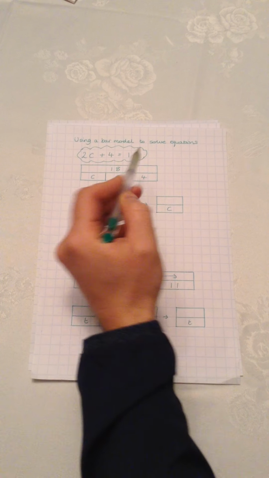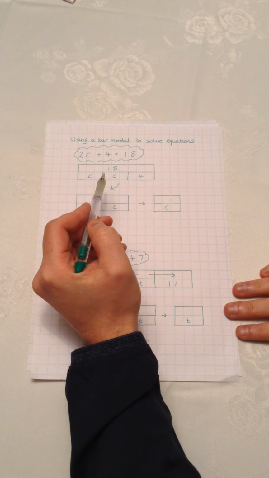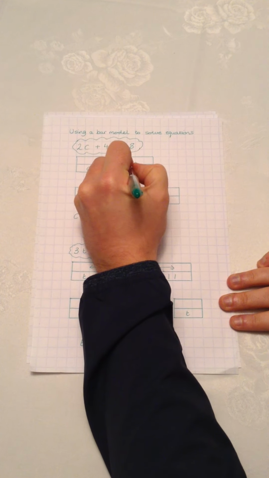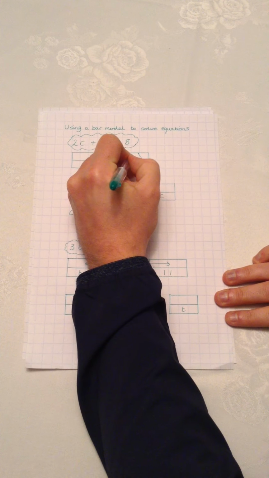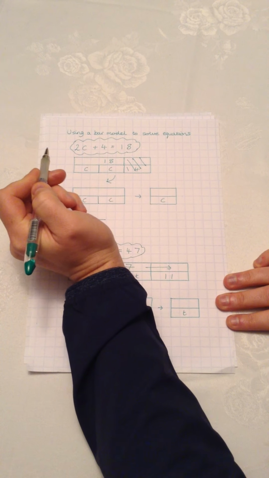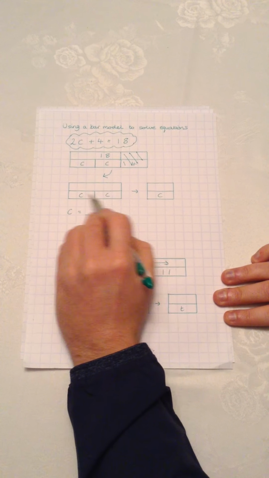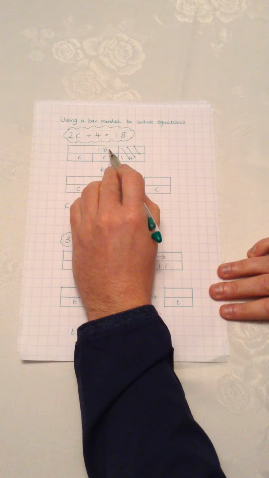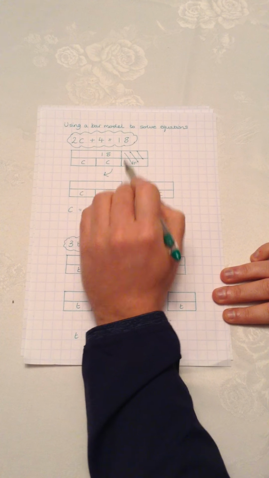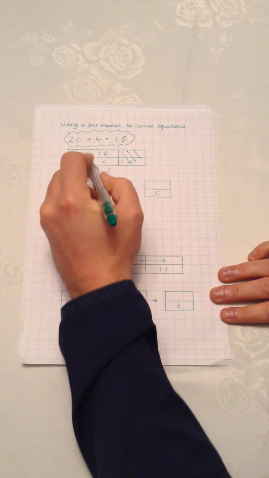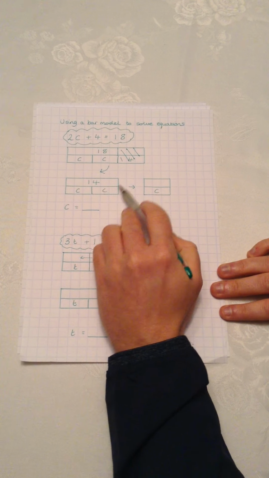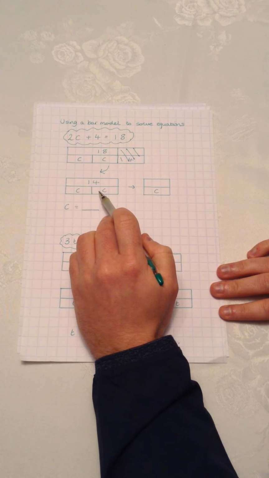Now, what we start to do is look at what can we take away. And if we get rid of this 4 and take it off both sides, we're now left with 2c and whatever is left. And we had 18, we've taken 4 away from it, so we now know that 2c must leave us with 14. And there's the second part of our bar model.